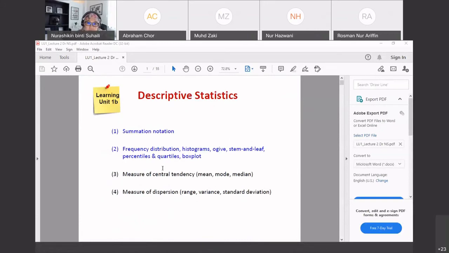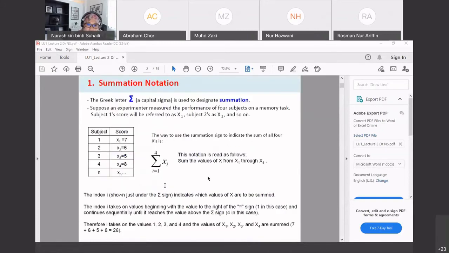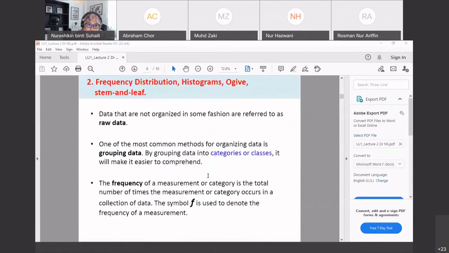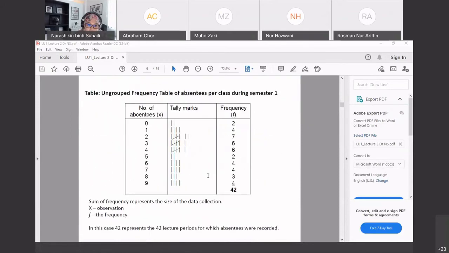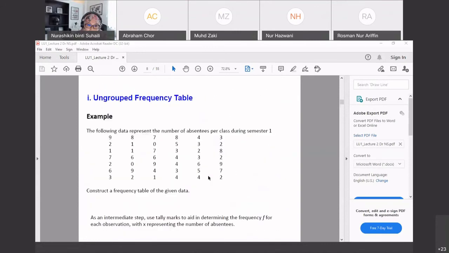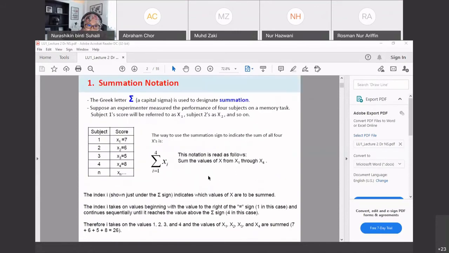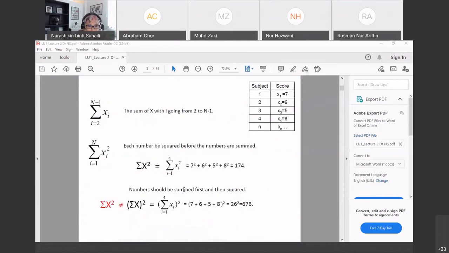Okay, let's refer to this data. Measure of central tendency. So just now, the mean.